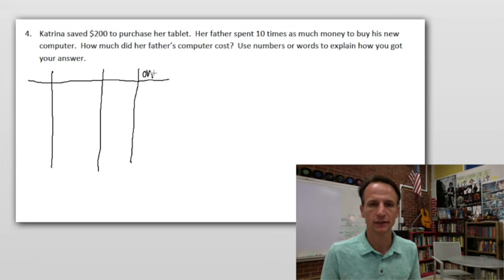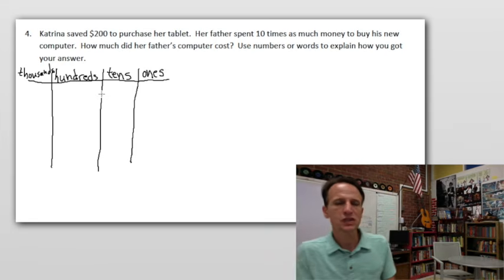Okay, so ones, tens, hundreds, and yes, thousands. Ouch, gonna have to squeeze it in. Oh, got it.